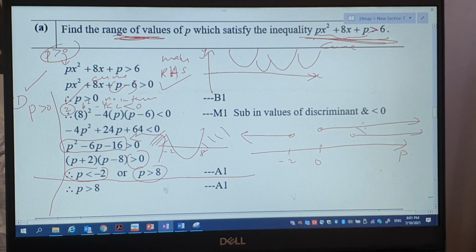We want p to satisfy both this condition and this condition, so both must be met, but the overlapping part is only this one. So your answer is p greater than 8. This is a very common exam question, so you need to know this.